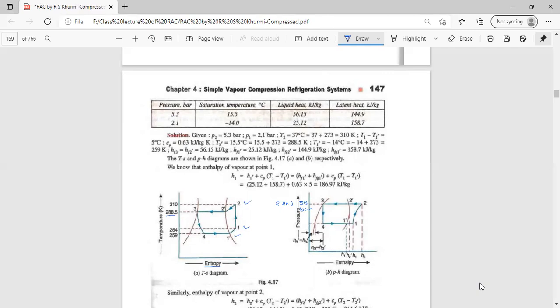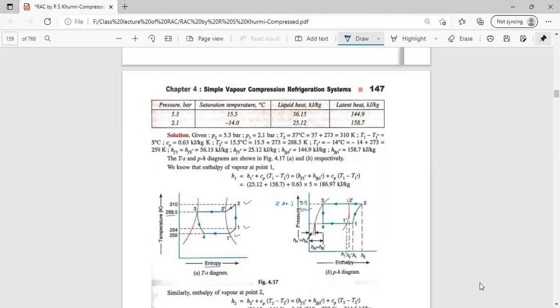The liquid heat at the saturation temperature is given, and the latent heat at the saturation temperature is also given here, at high pressure 5.3 bar and saturation temperature 15.5. This is the enthalpy of the liquid after compression at the heat exchanger stage, and the latent heat is released while reducing from 2 dash to 3.